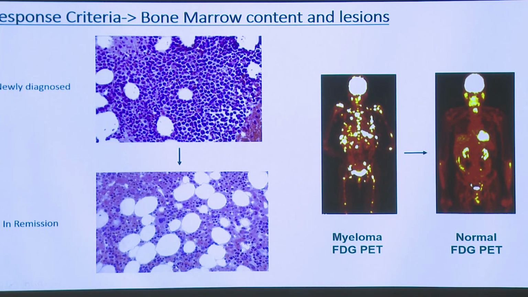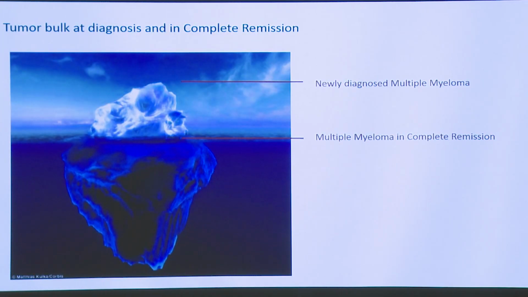Now, you have to see that when the pathologist looks at this, you might even realize that there might be some myeloma cells hiding, which he or she just doesn't see. So what we've seen over time is that achievement of a complete remission really can just mean that the tip of the iceberg has been treated, and there still can be a lot of tumor burden that we were just not able to identify with methods we had in the past.